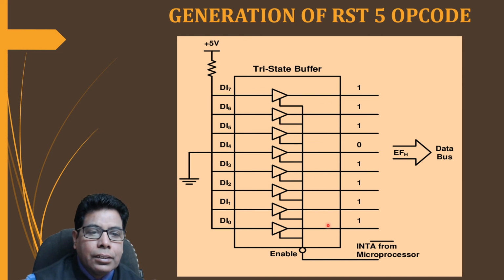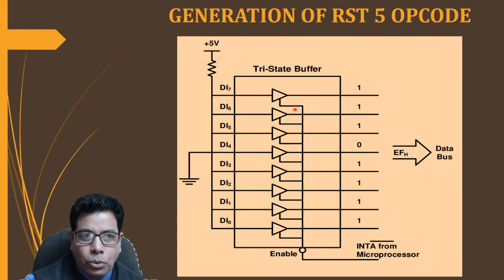The INTA bar signal from the microprocessor is used as an enable. It is active low and bubbled, so when it comes, it will enable the tri-state buffer.